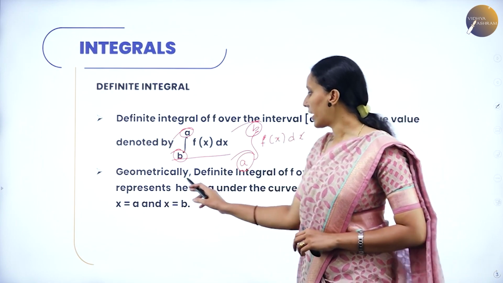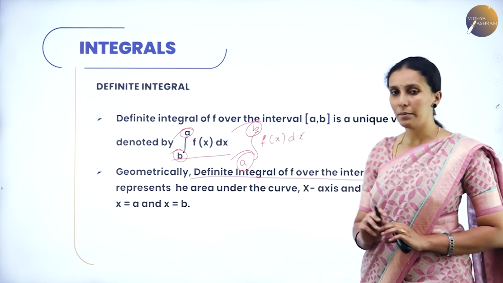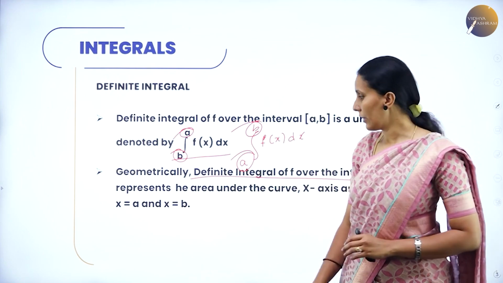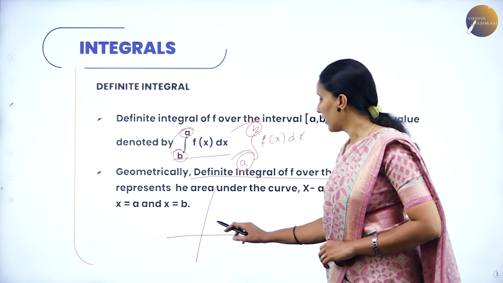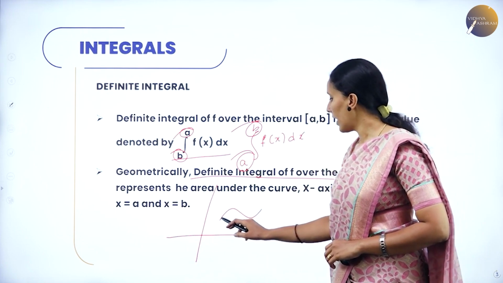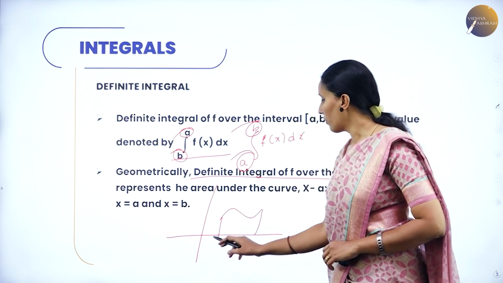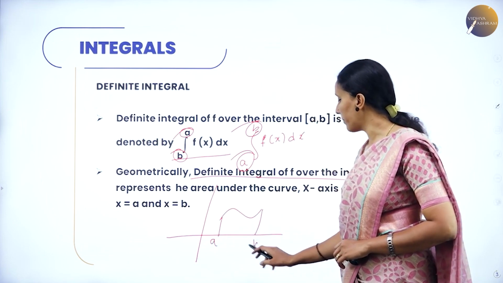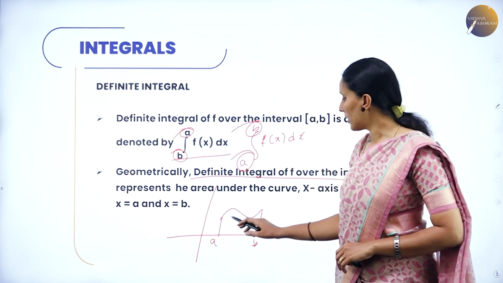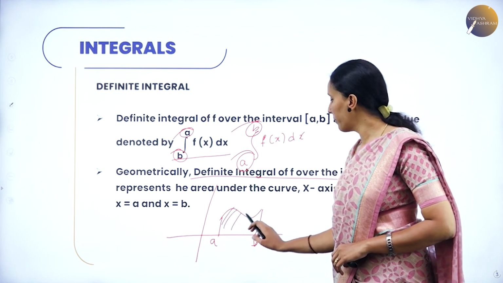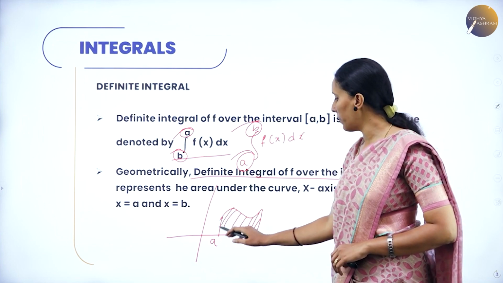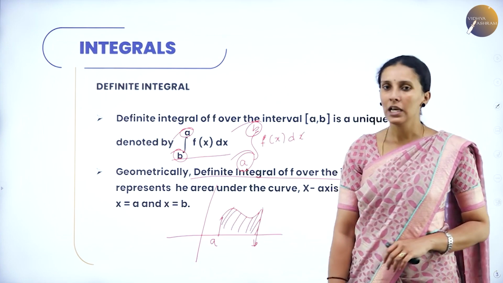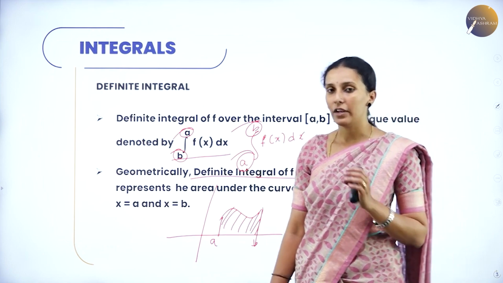And geometrically, the definite integral is nothing but the area under the curve. Suppose we have any curve in the x-axis and y-axis. If this is the curve here, the area under this curve with the ordinates a and b, that is the area covered by this curve below it and above the x-axis and between the ordinates a and b, is nothing but the definite integral.